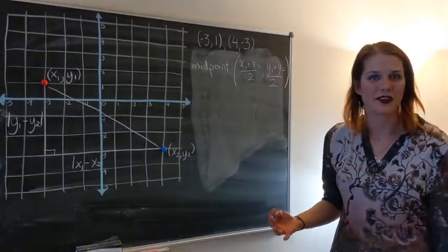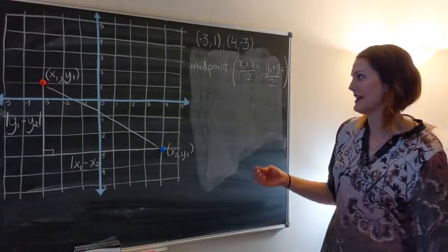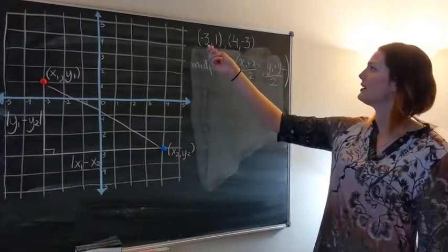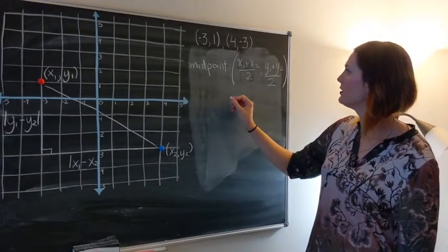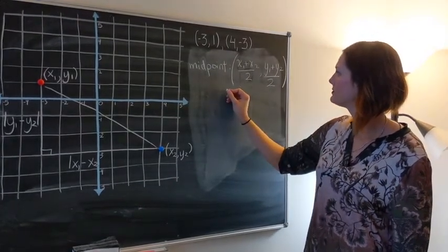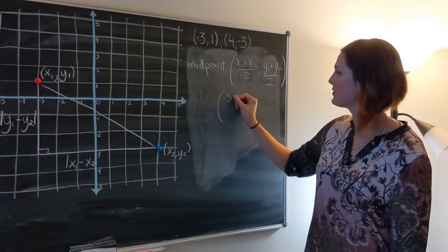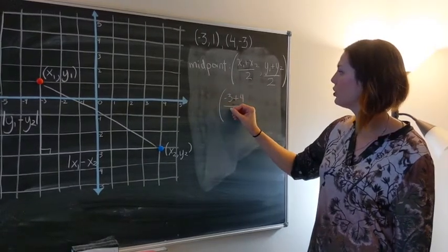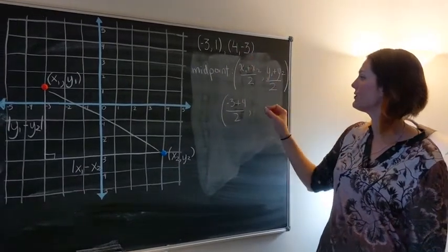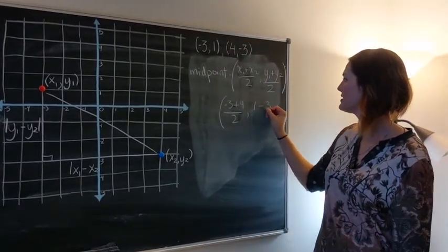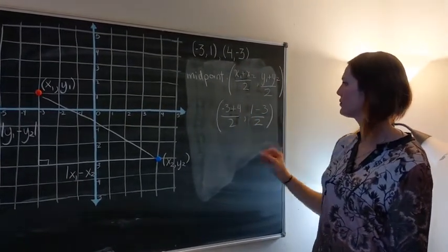If that's not what you got, let's look at the derivation of it now. Our x coordinates for these 2 points are -3 and 4. So we'll have (-3 + 4) over 2 for the average. Our y coordinates are 1 and -3, so we'll have (1 - 3) over 2 for the average.